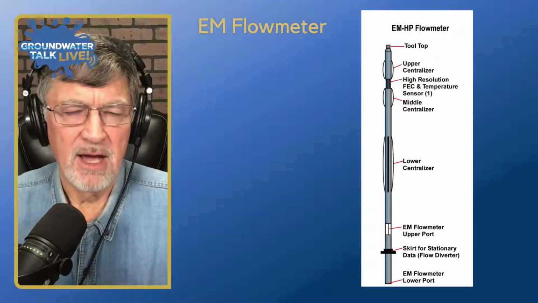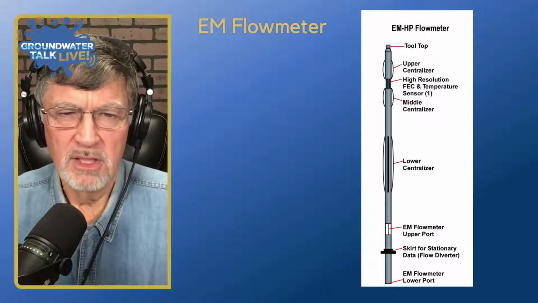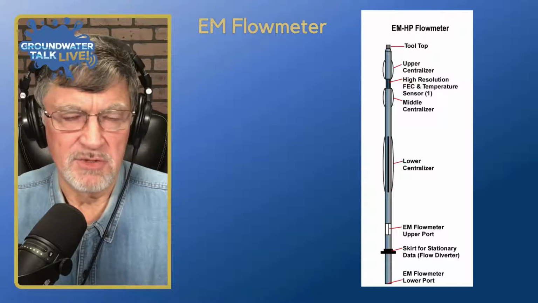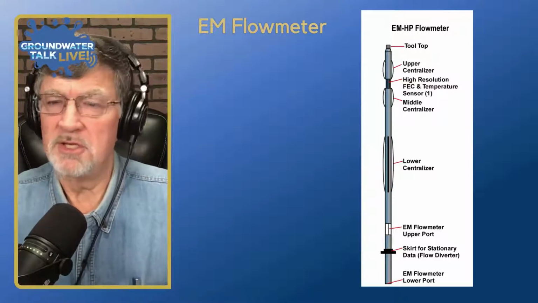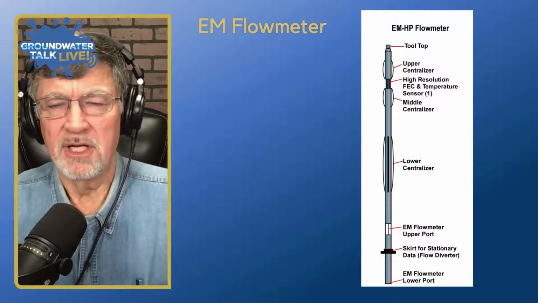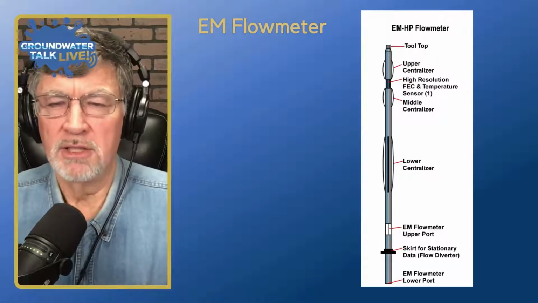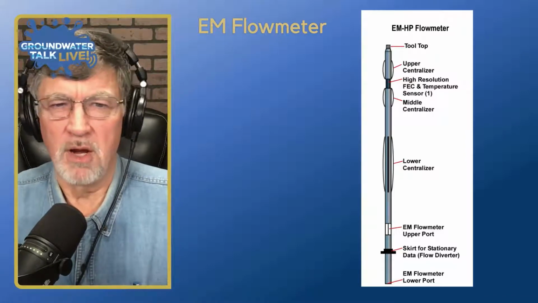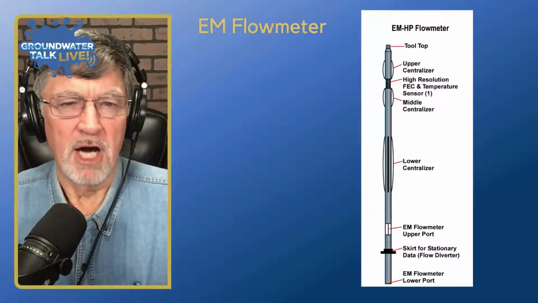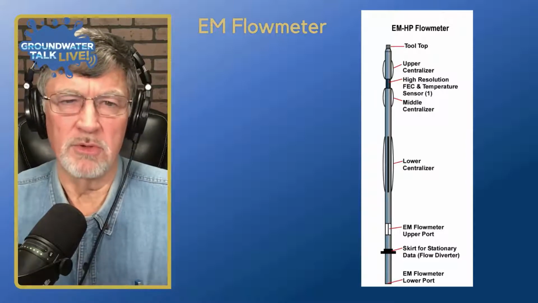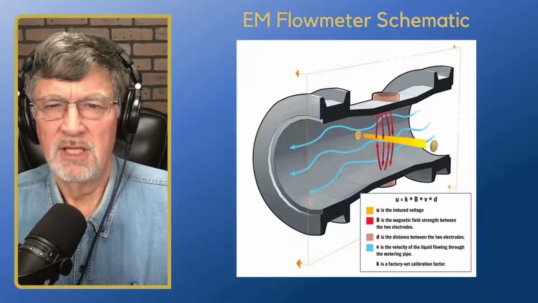So they're going to run it down, go to the bottom of the well, and pull it up at a steady speed and do continuous trolling. And so you're going to get a pretty much continuous log of the flow characteristics of that well from the bottom up. And I'll show you what that looks like towards the end of our talk here today.